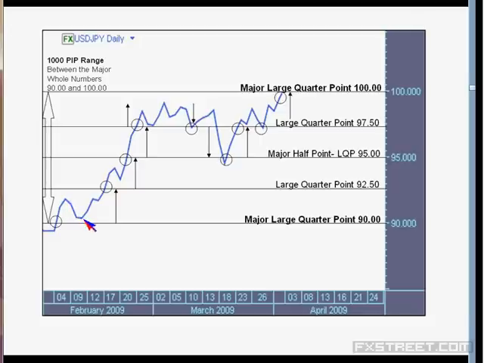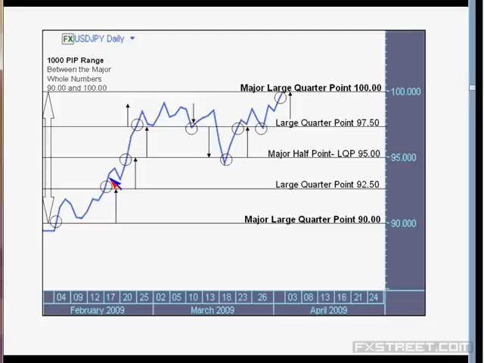And then we pull back to the preceding large quarter point. We do not break below the preceding large quarter point. And as a result of that, we make another attempt to complete the large quarter by targeting 92.50. On the second attempt, that large quarter of 250 pips between 90 and 92.50 yen is successfully completed.